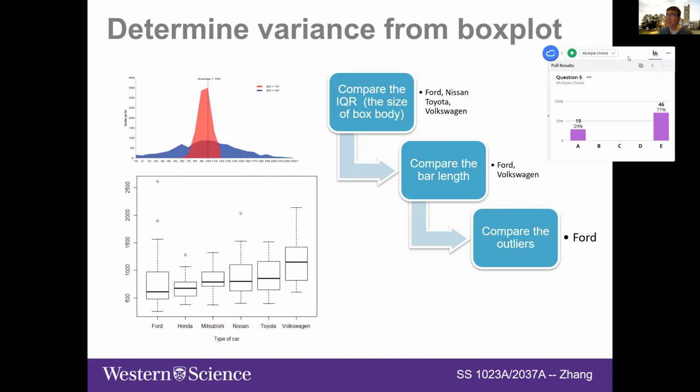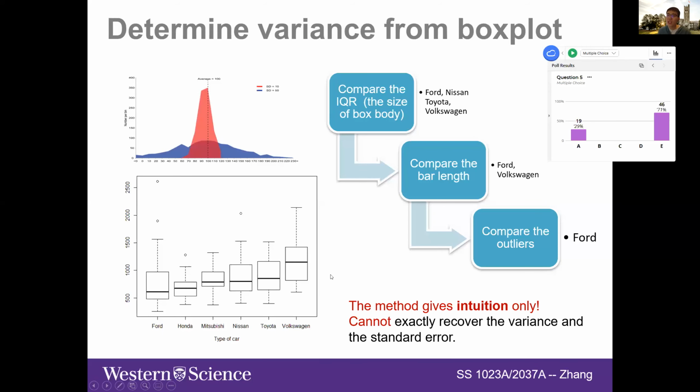So that's the idea of how we can directly or quickly get a sense of what the variance is and how our data set is spread, in terms of the box plot. But here, I would like to emphasize that the best way to describe the spread is still the variance and standard error.